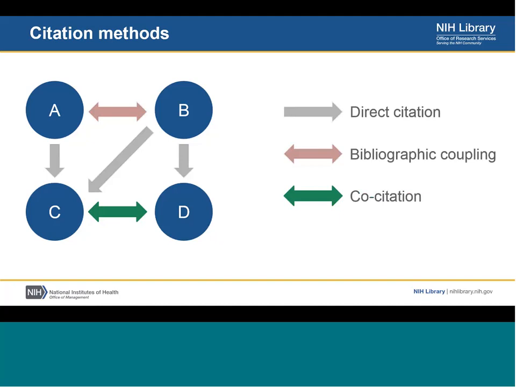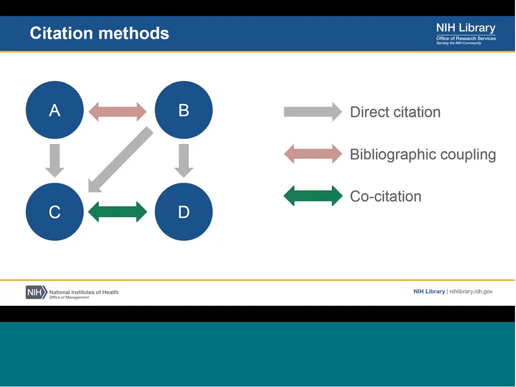So again, within the diagram, because papers C and D are both cited by paper B, that's an indication that C and D are in some way related to one another. So again, because C and D are co-cited by B, that would then create a link between C and D.